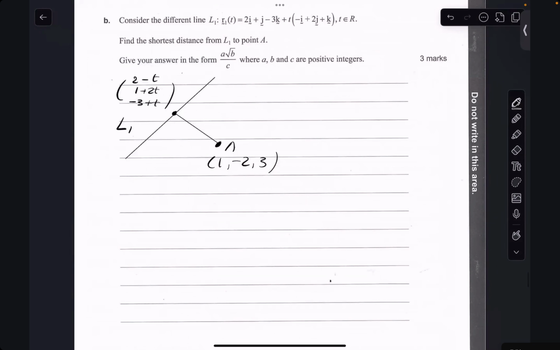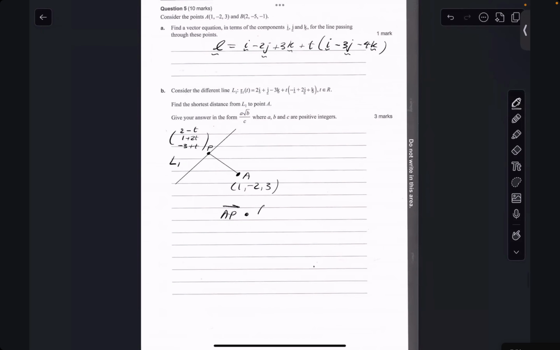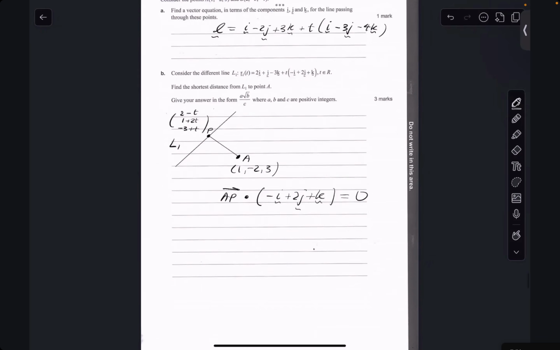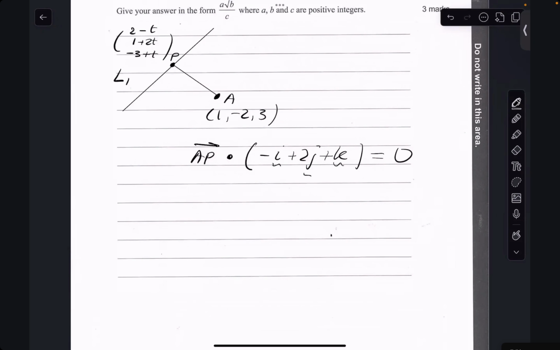So if this is A and this is P, in other words, AP dot the D, the direction vector, which is negative i plus 2j plus k, is equal to 0. So what's AP?